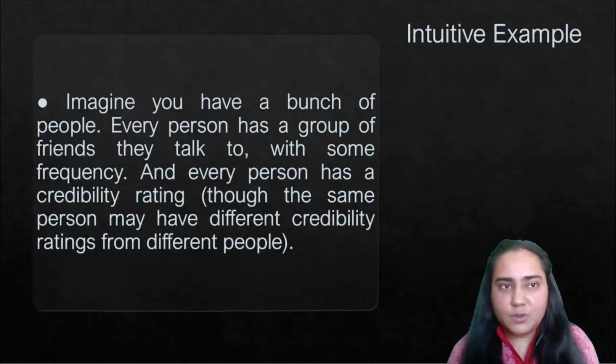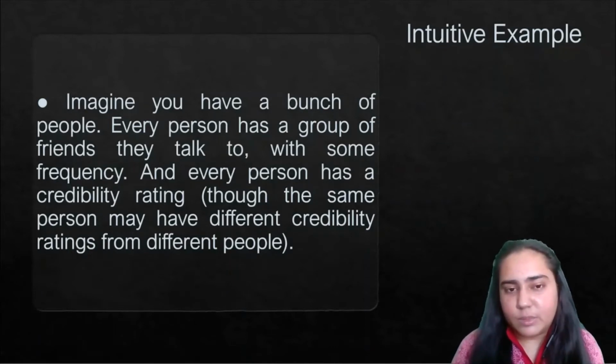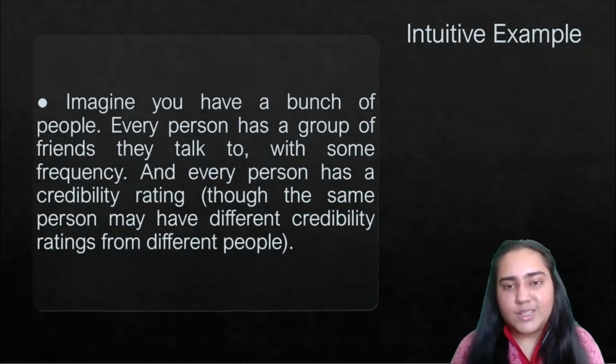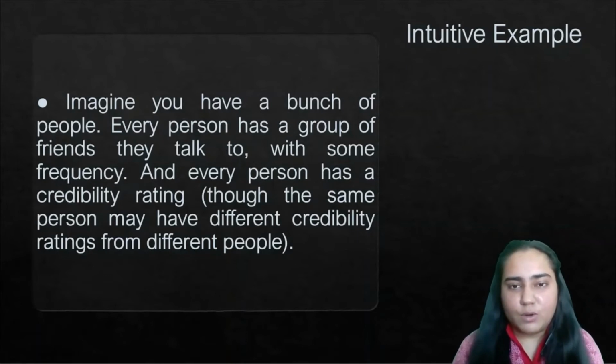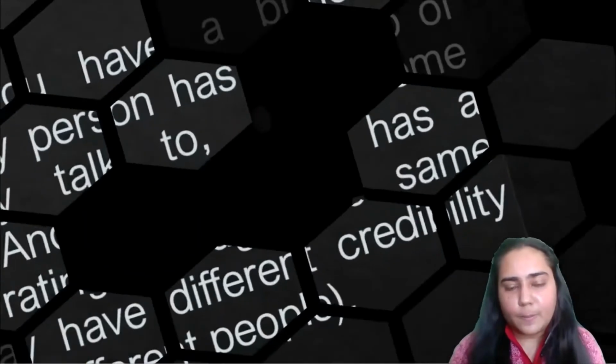Now it's possible that, out of 10, I am giving a rating of 9 to somebody because I am really close to that person, and so I trust that person more. But somebody else might give a credibility rating of 7 to the same person because they don't know them as I know them. So this is the scenario.